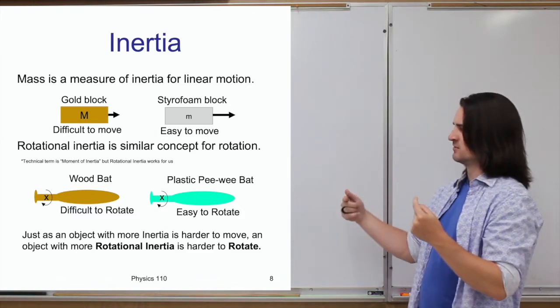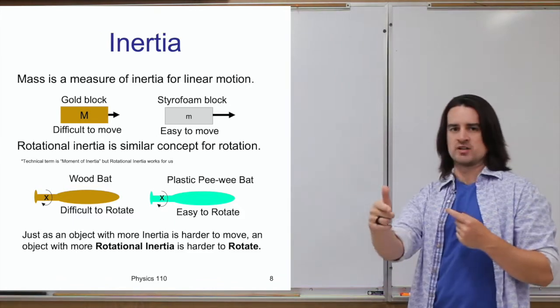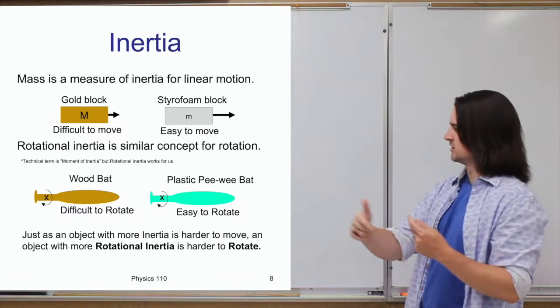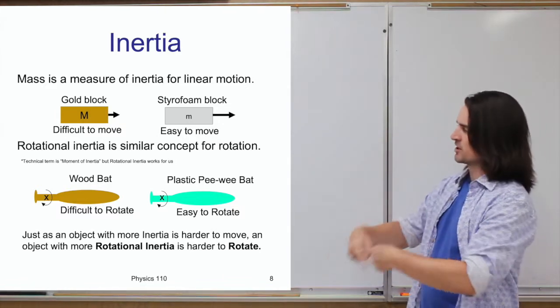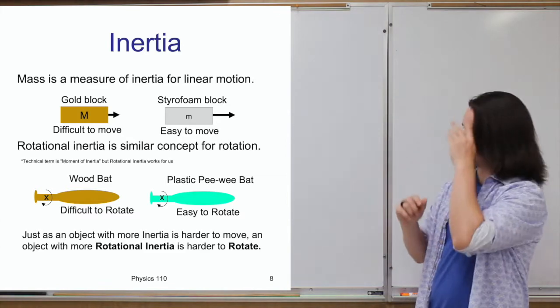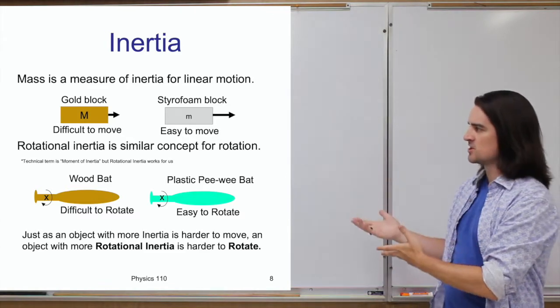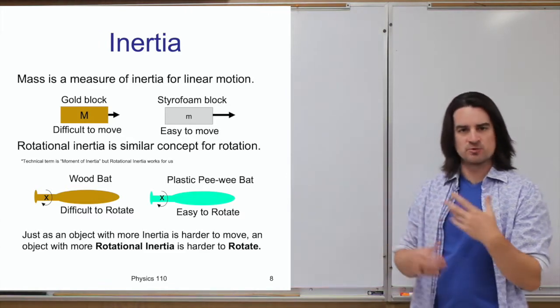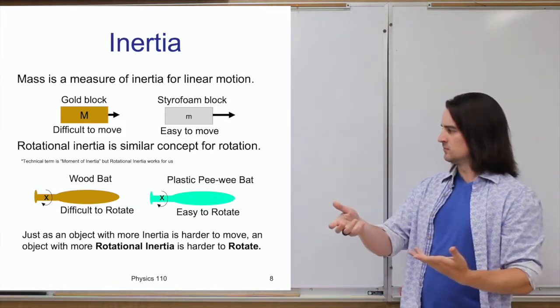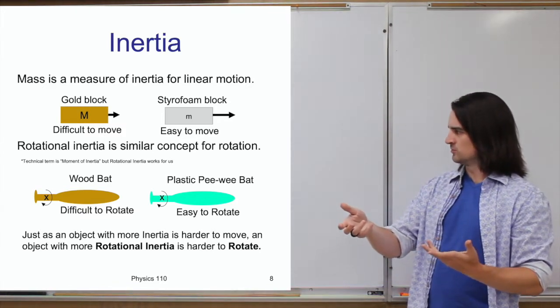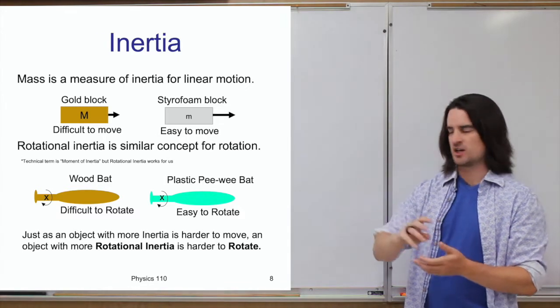The X is showing that there's an axis running out of the image and into the image here, and we're trying to rotate these bats in this fashion. Right? So we say these objects have rotational inertia, meaning they will resist if you try to start them rotating.